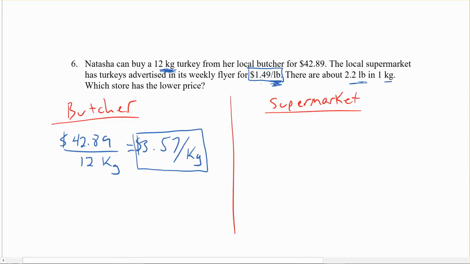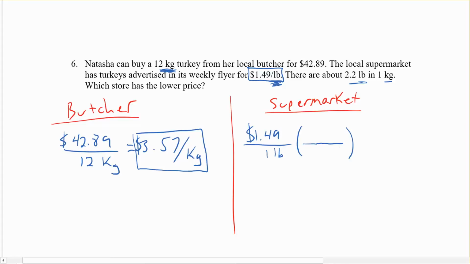So down here, we're going to write $1.49 per 1 pound. Right, so that's my unit there. Now what we're going to do for these unit analysis ones is multiply by something to change these pounds into kilograms. We're going to put a bracket, and it's going to be something over something.